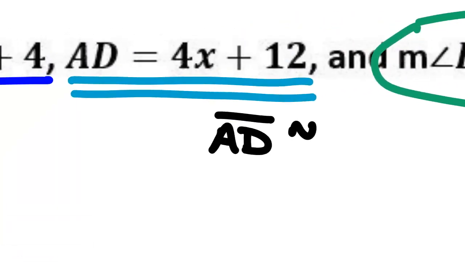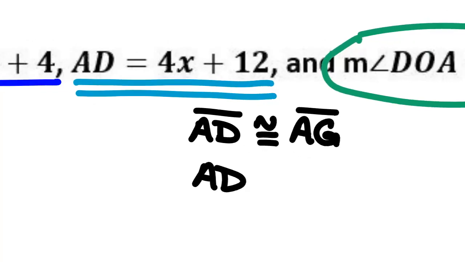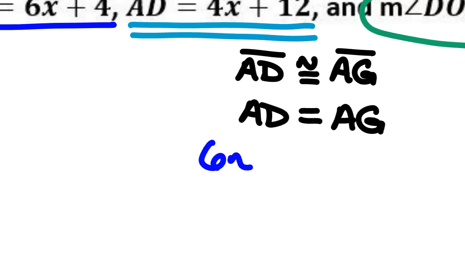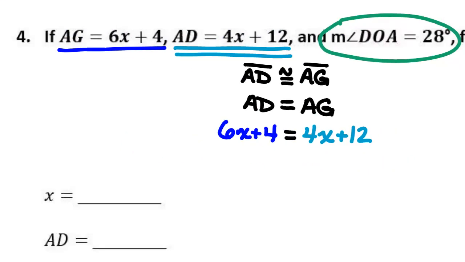AD is congruent to AG. So that means the length of AD is equal to the length of AG. So that means 6x plus 4 is equal to 4x plus 12. And now I can solve this for x.